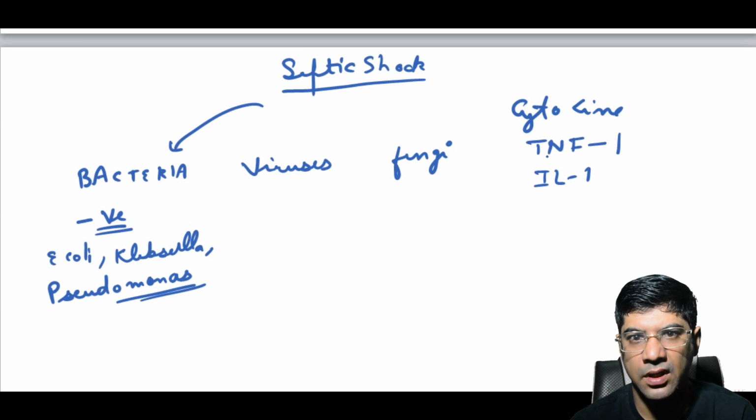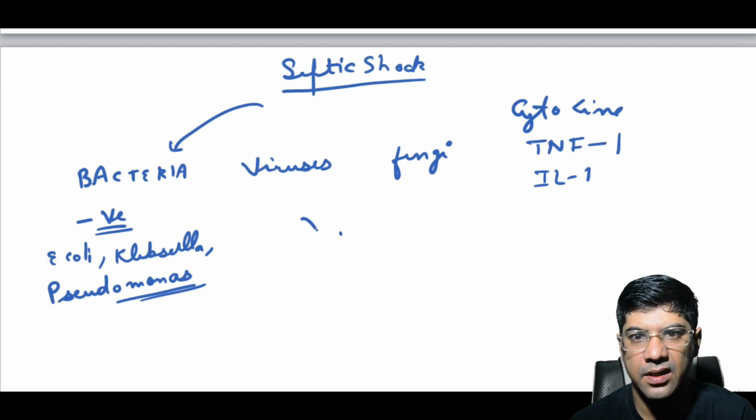Patients may present with warm shock, characterized by flushed warm skin due to vasodilation. As the shock progresses, they may develop cold shock with cool, clammy skin due to poor perfusion. Rapid heart rate and rapid breathing are compensatory responses to maintain oxygen delivery to the tissues.